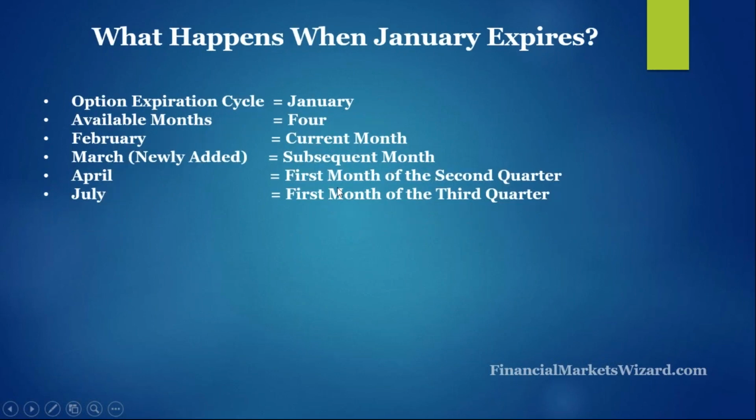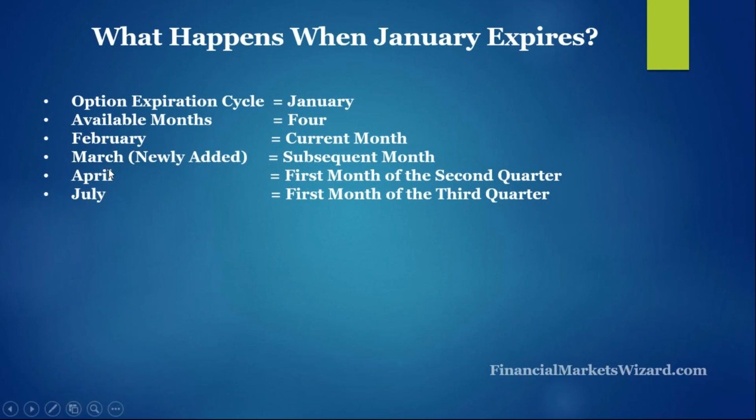So what happens when January expires? Let's say the Friday was last Friday. January expires, and on Monday there is no more January, so they will add another month. February will become the current month. It was the subsequent month, and it will become the current month.